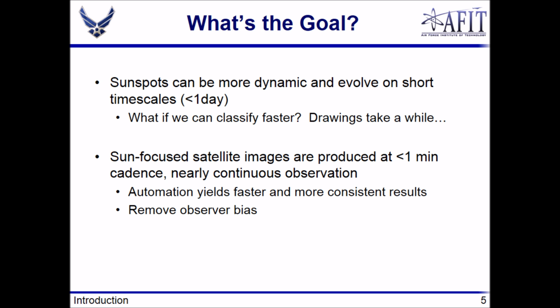And the question there is, well, can we create automation that can give us faster or more consistent results? And then the big part here is, well, can we actually remove observer bias too when we do this automation? So those are the questions we want to ask.